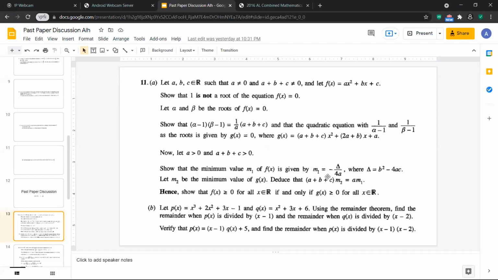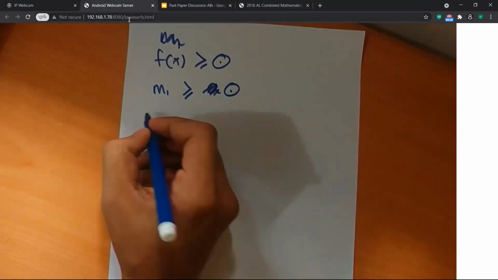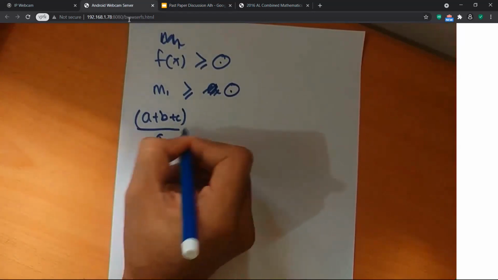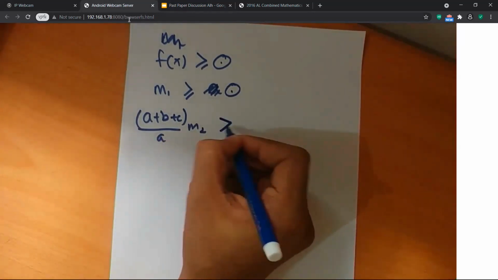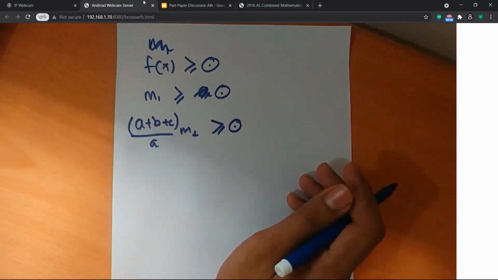So a plus b plus c times m2 is equal to a times m1. That means m1 is equal to a plus b plus c times m2 divided by a. Right? So instead of m1, I'm writing a plus b plus c over a times m2 is greater than or equal to 0. Now what we need to prove is m2 is greater than 0. So how can we do that?